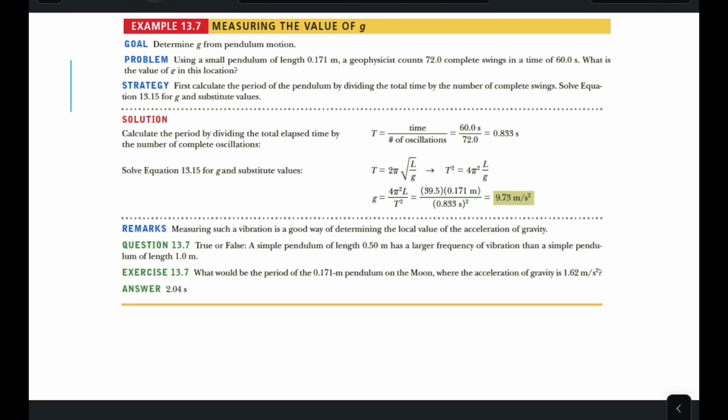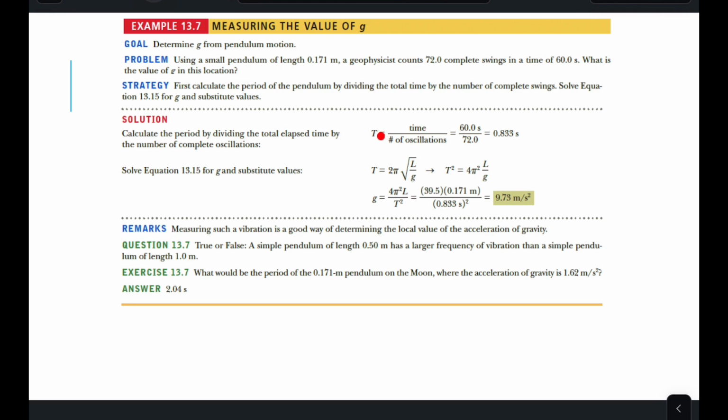Example 13.7: using a small pendulum of length 0.171 meter, a geophysicist counts 72 complete swings in a time of 60 seconds. What is the value of g in this location? So we have how many complete swings within 60 seconds.